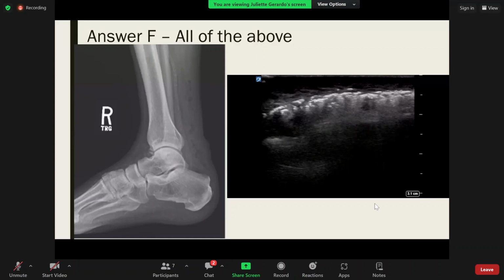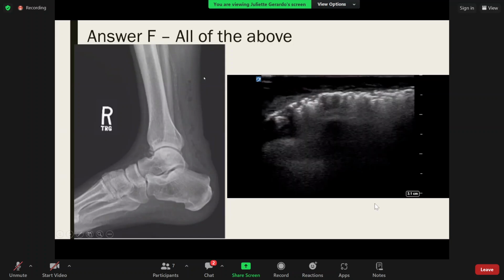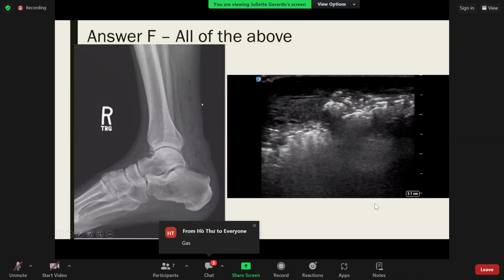This is not normal. This is not edema. Yeah, that is gas. Down here, we have some signs of edema, but this presentation is wandering here. This is gas. And for the learners, this is just a calcified vessel. This is not gas.